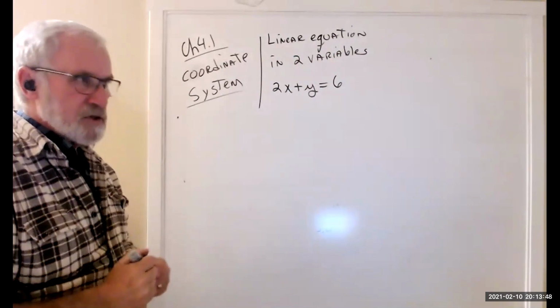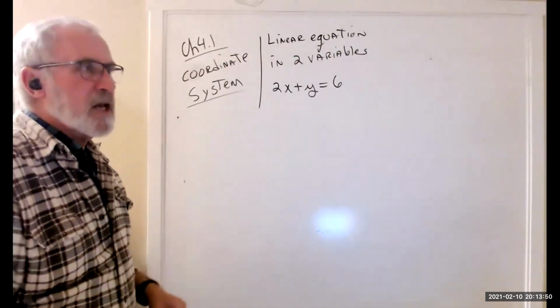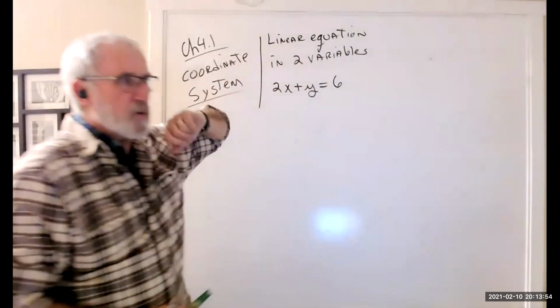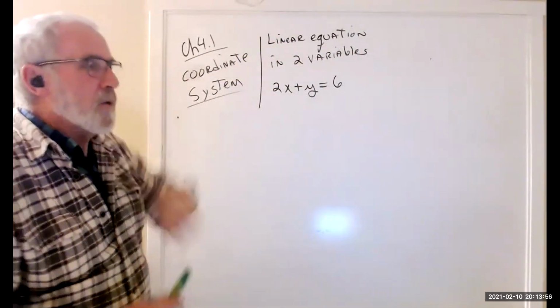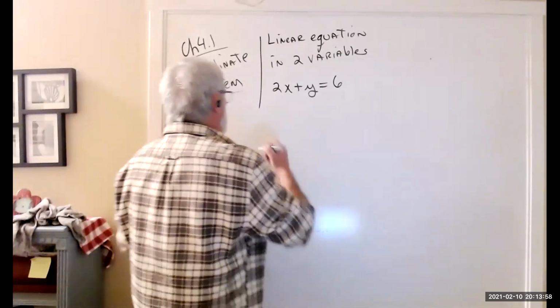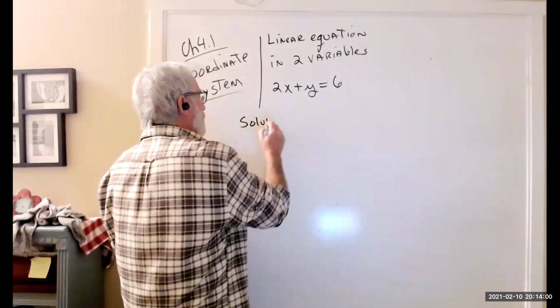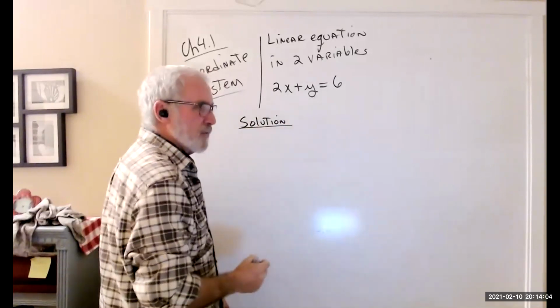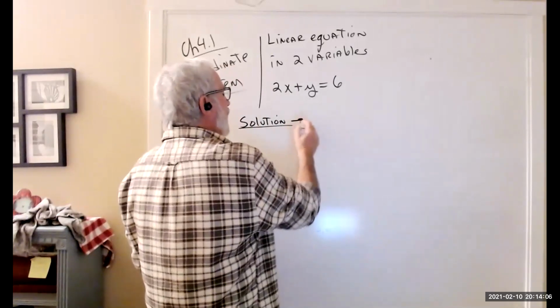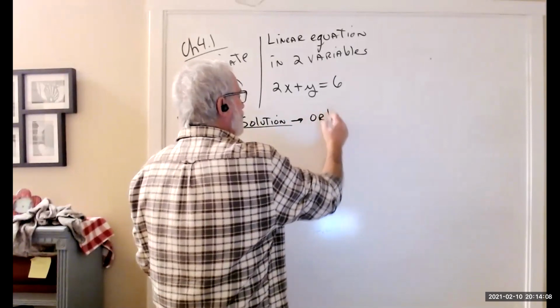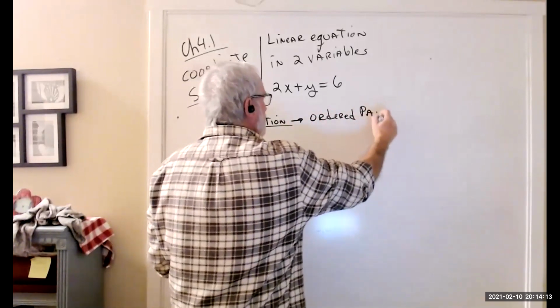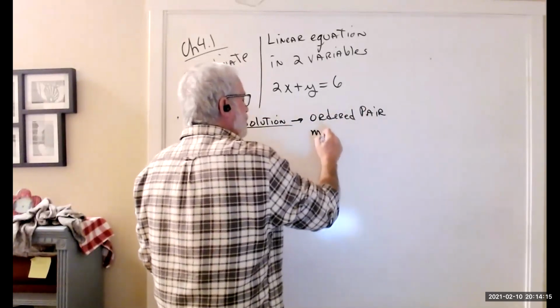I'll explain what the linear means in a minute, but this is an equation in two variables. Now, a solution to this, if we say find a solution, equals an ordered pair that makes it true.